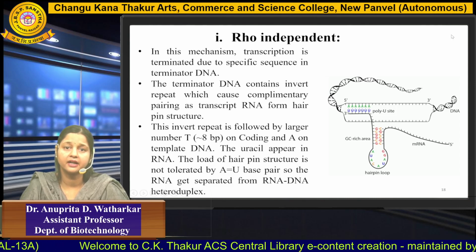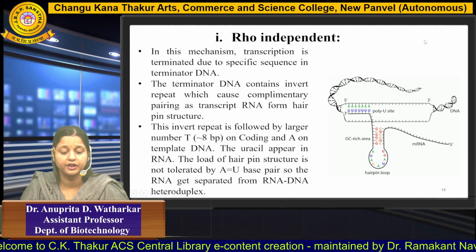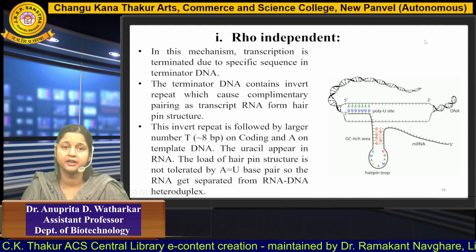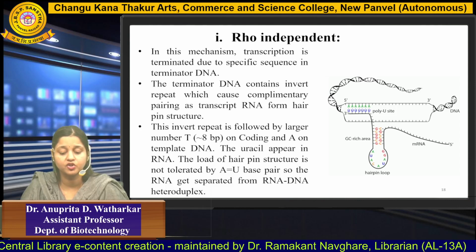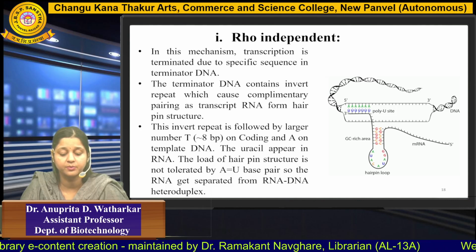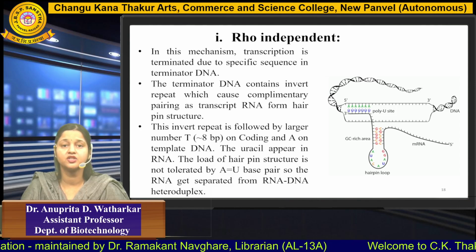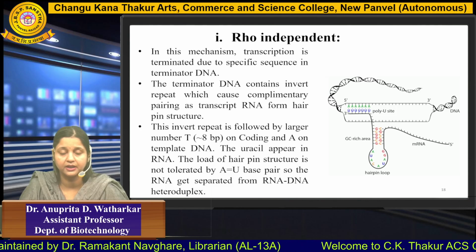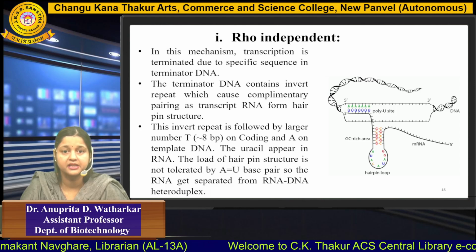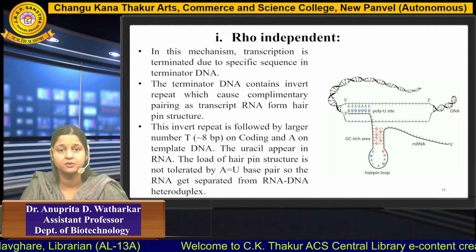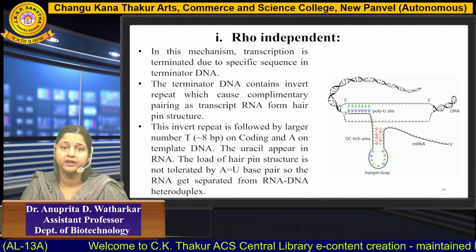Now try to understand Rho independent termination. In this mechanism, transcription is terminated due to a specific sequence in the terminator DNA. The terminator DNA sequence contains inverted repeats which cause complementary pairing as the transcript RNA forms a hairpin structure. It contains a GC rich region, and because of that a hairpin structure forms. These inverted repeats are followed by a large number of T base pairs, more than 8, encoding an A, that is adenine, on the template DNA.